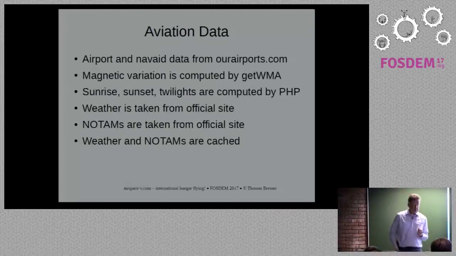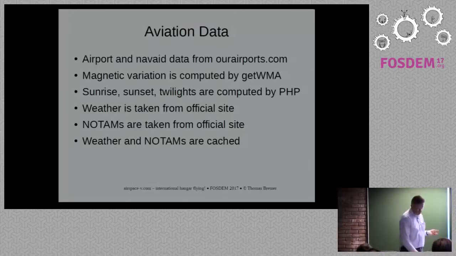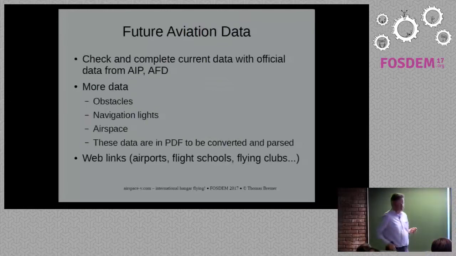Routines for that are already included in PHP. Weather information and NOTAMs are picked up at websites and published here again. And this information is cached just to keep the load on these websites low.